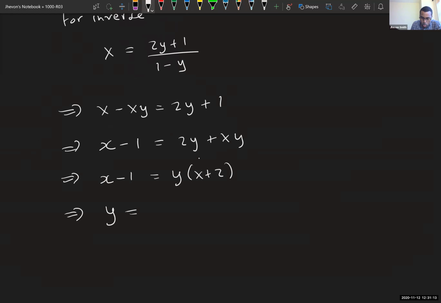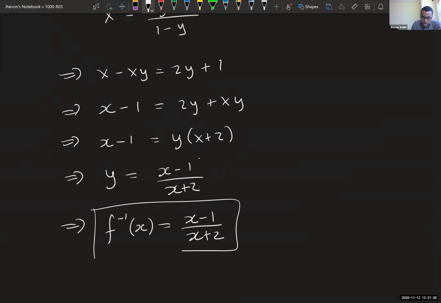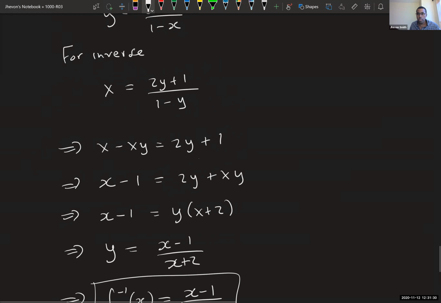And so this means that y is (x minus 1) over (x plus 2). And so the inverse would be (x minus 1) over (x plus 2). Right? So that's different from the one above.